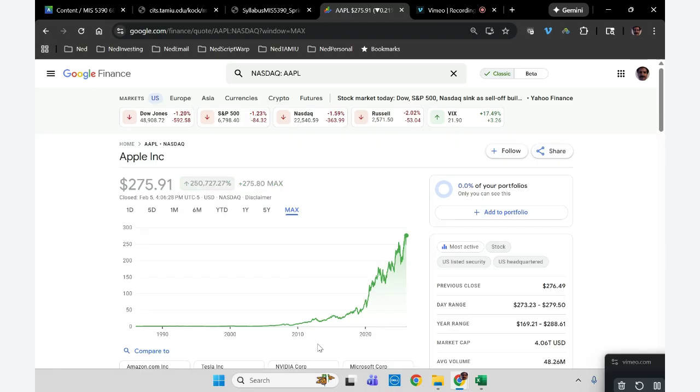Now, what is not a distortion, what is not just an impression, is that there is an enormous gain from the beginning here of inception and here. And this is due to something called compounding.